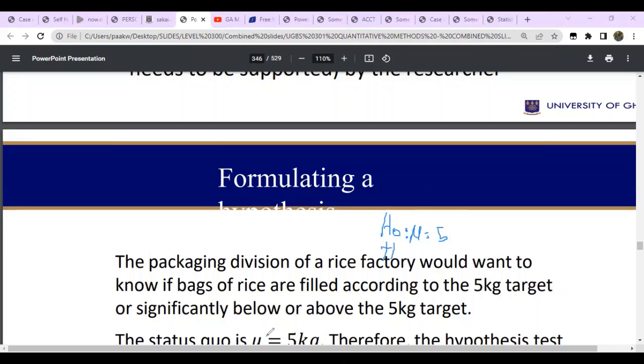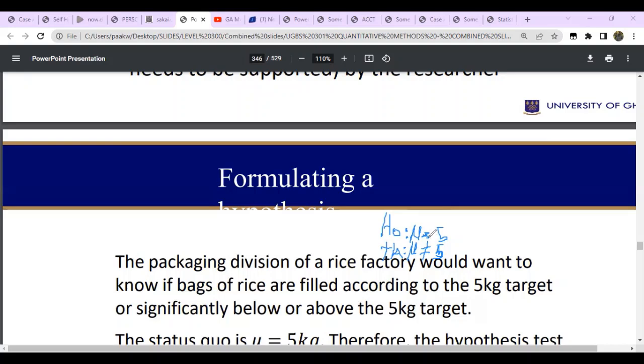That's what we are trying to say. The HA challenges your H0. Now, if H0 is saying mu is equal to 5, the HA will challenge it. So it will be not equal to 5. If H0 is saying it's equal to something, HA is saying it's not equal to.